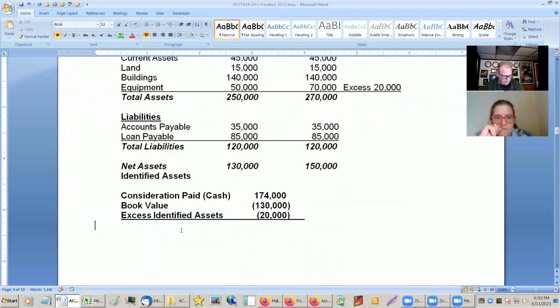And so this would be the unidentified asset or goodwill, 24,000.